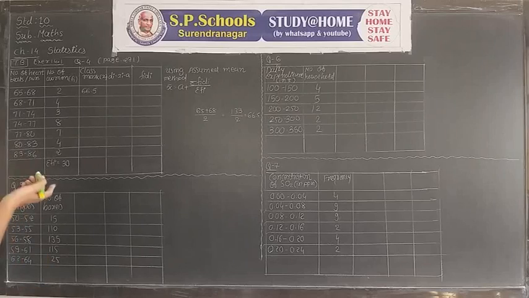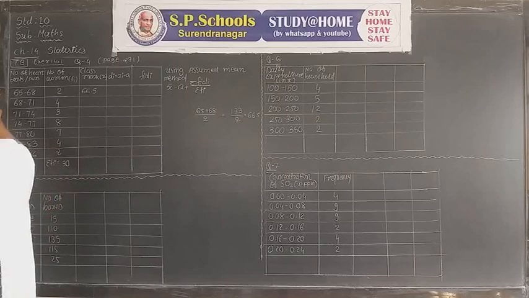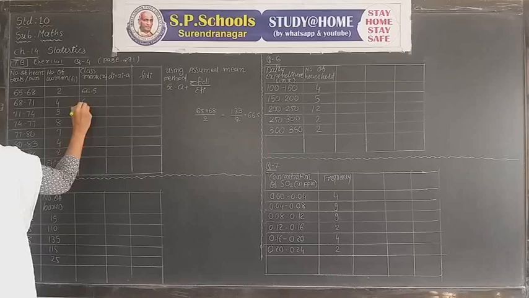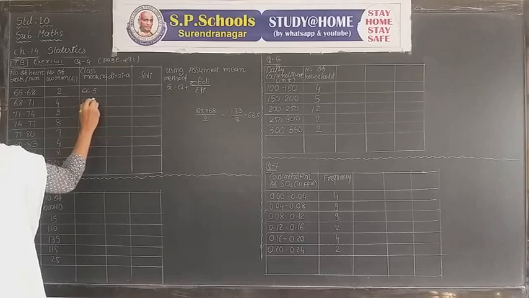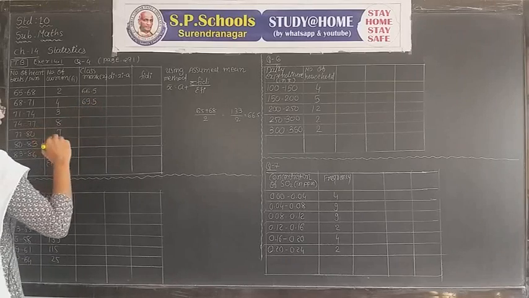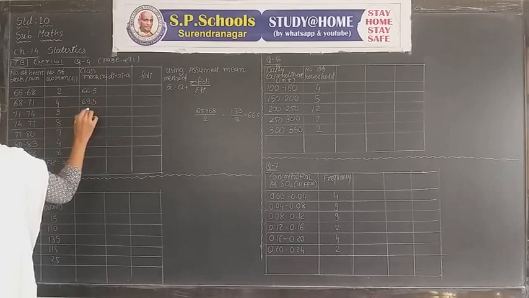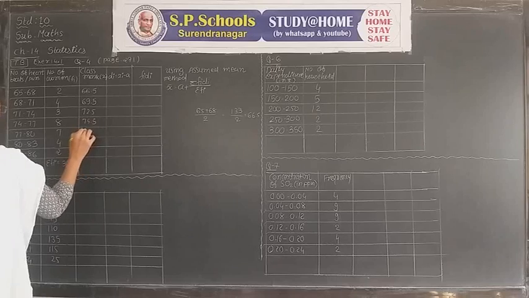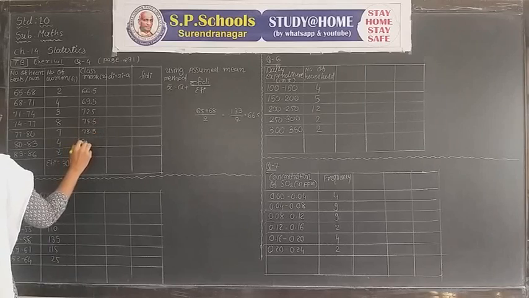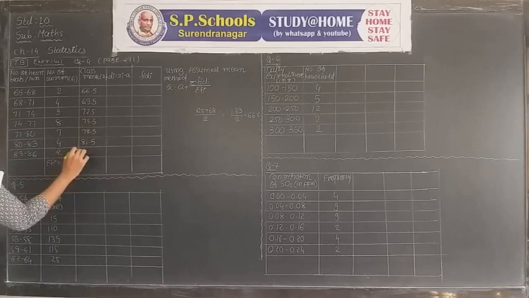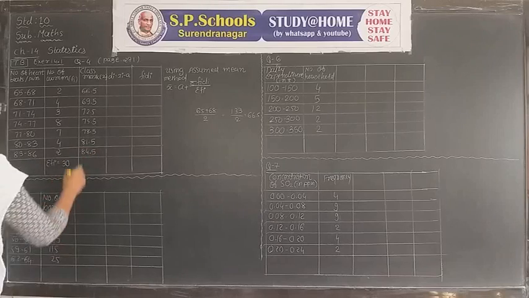There is no need to find it for each interval. Find the class size h. Here the class size h is 3. Add 3: 69.5. Again add 3: 72.5, add 3, 75.5, add 3, 78.5, add 3, 81.5, again add 3, and we get 84.5. These are our class marks.